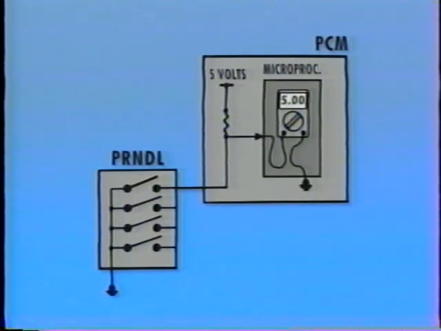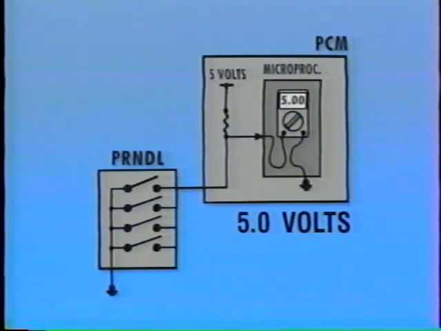When all the switches are open, no current can flow through the sensor's circuit. With no volts being dropped across the internal resistor, the built-in voltmeter reads the full 5-volt reference voltage. When any switch closes, current flows through the circuit. Now the reference voltage is dropped across the resistor, and the built-in voltmeter sees about 0 volts.